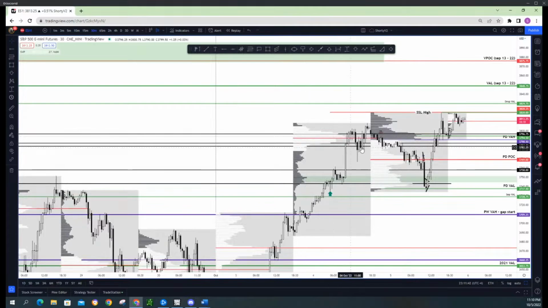Okay. Well, yeah, because I adjusted the levels, but the levels were here earlier. This would have been my previous day value area low right here, what I'm pointing at. I guess what's throwing me off is you got a green line saying PD value when you were talking about the little triangle.